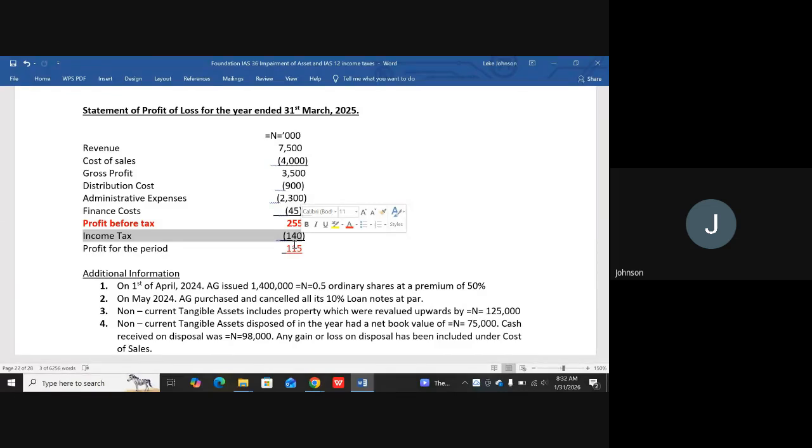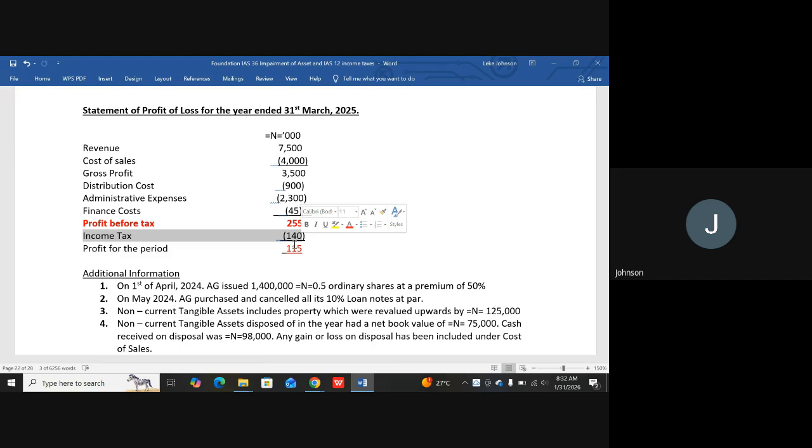Because the auditors are certified professionals, instead of them waiting for back and forth, you prepare your accounting profit, and then the tax man computes and sends back to you that you have a deferred tax or anything.